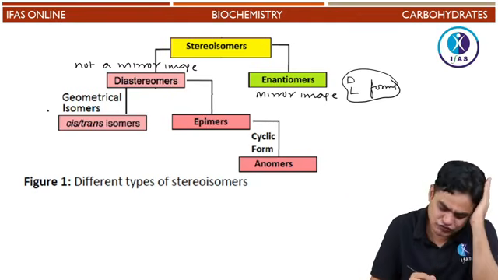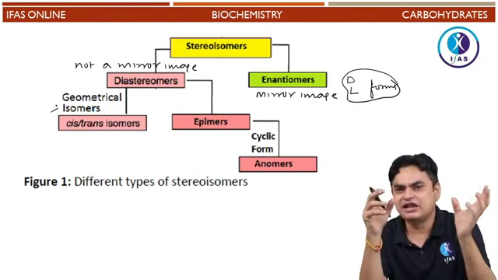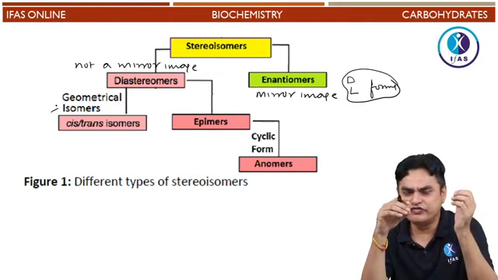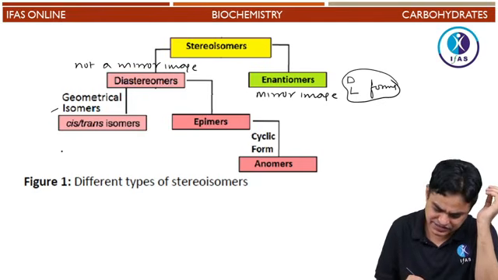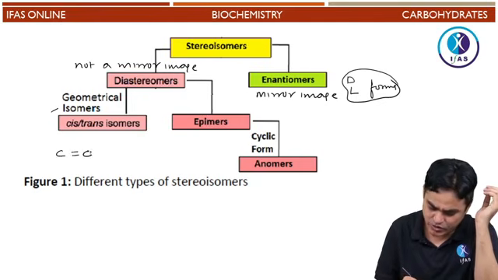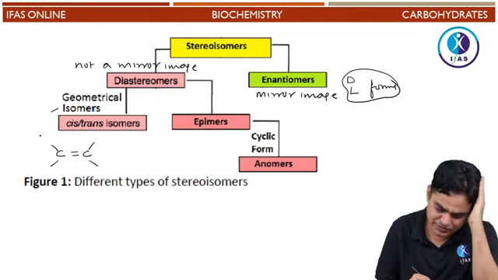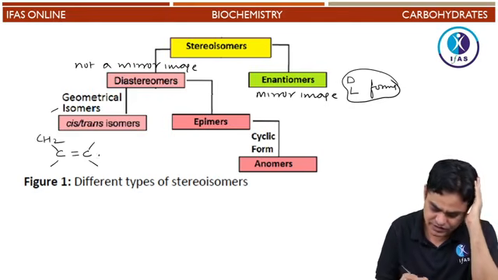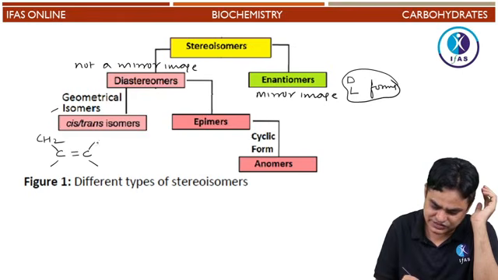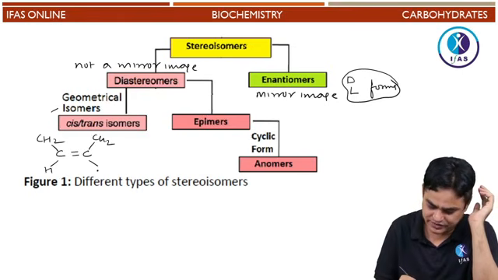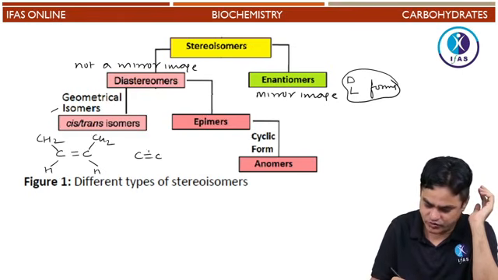One class of diastereoisomers is geometrical isomers, where there is a change in the orientation of atoms around a double bond, but that will not be applicable, at least for carbohydrates. Let's say this is one orientation, and in another orientation the CH2 is on this side and H is on this side.